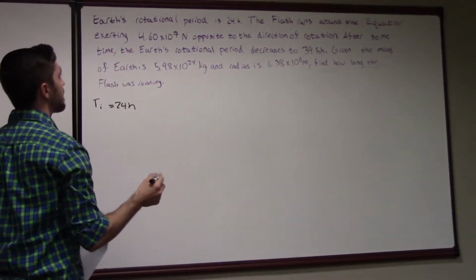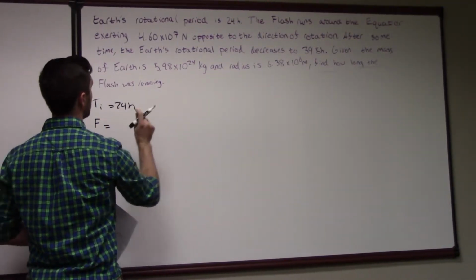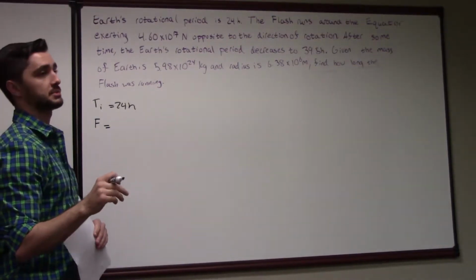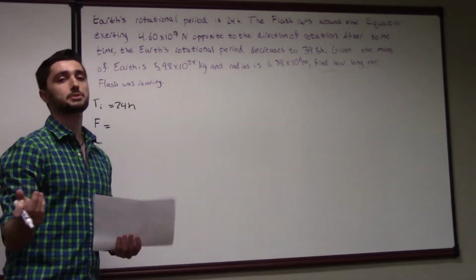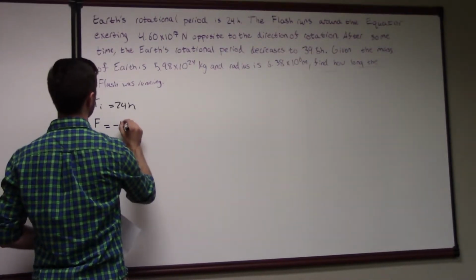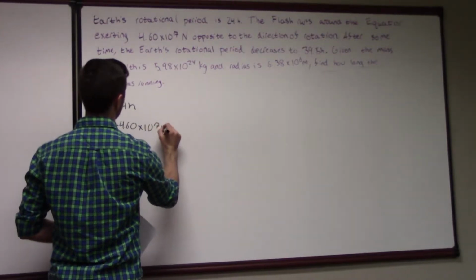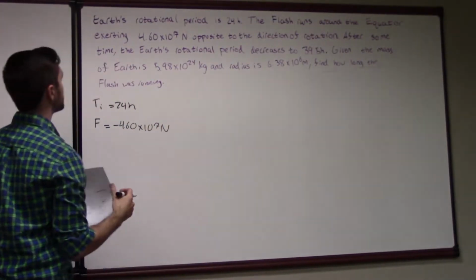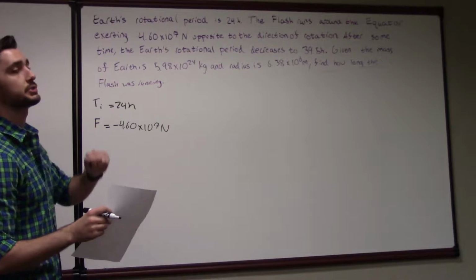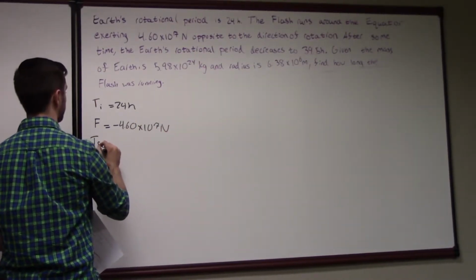Alright, then we have that the force exerted is equal to negative 4.60 times 10 to the 7 newtons because it's opposite to the direction that the Earth is rotating. So this is a negative 4.60 times 10 to the 7th newtons. Alright, so after some time, the rotational period decreases to 39.5 hours. So we'll call that TF for the final period.